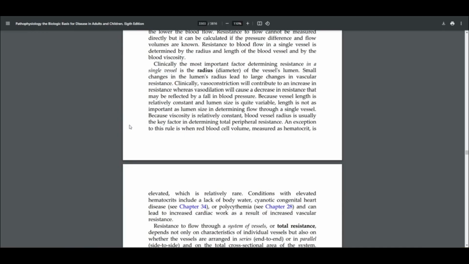There are some conditions with elevated hematocrits, including a lack of body water, cyanotic congenital heart disease, or polycythemia, and these can lead to increased cardiac work as a result of increased vascular resistance.